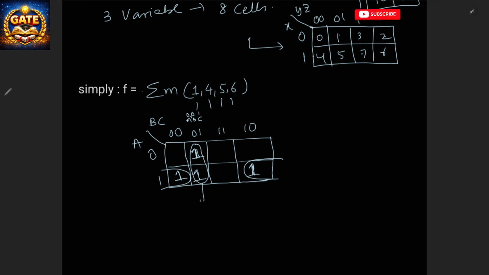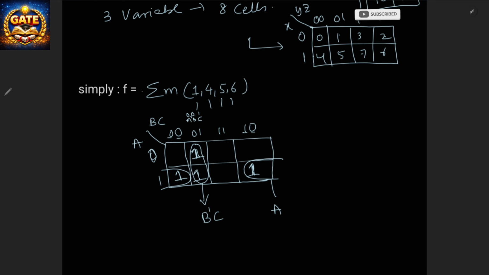For this grouping, the expression will be as follows: A is changing from 0 to 1 and B and C are constant, so we write the constant terms, B dash C. For this grouping, A is constant, B is changing from 0 to 1, and C is the same.